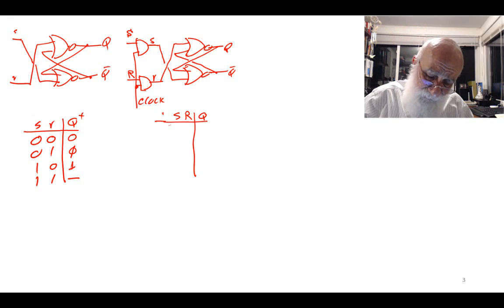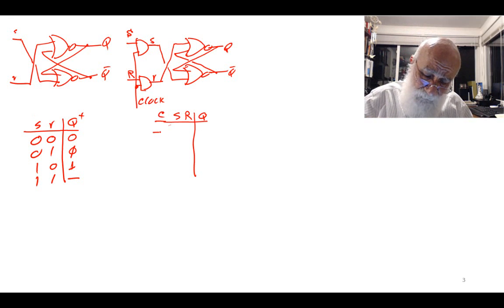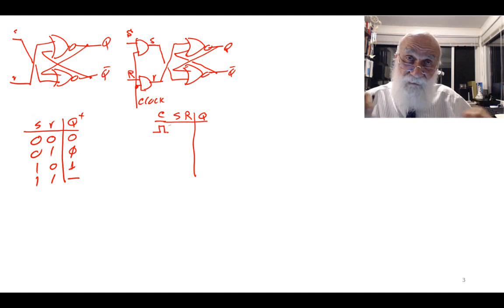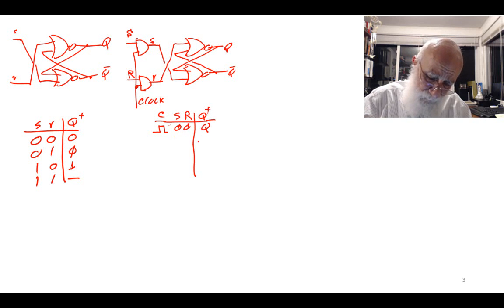And then I say I have a clock. If the clock is a pulse, then 0 0 has no effect, and the output becomes whatever it was.